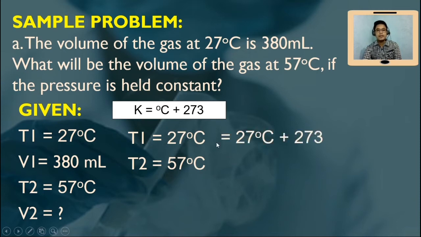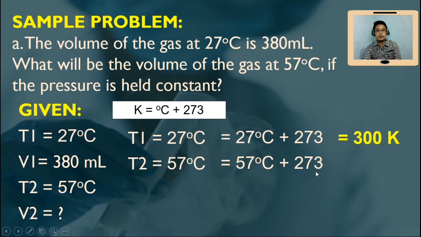So, paano yan? So, copy lang natin yung value ng T1 which is 27 degrees Celsius papunta dito sa formula na to. Okay, so ito na siya. Replace lang natin siya, 27 degrees Celsius, and then just add 273 and it will give you the answer 300 Kelvin. And that is our initial temperature. And for our final temperature, so we're going to substitute itong 57 degrees Celsius na to.